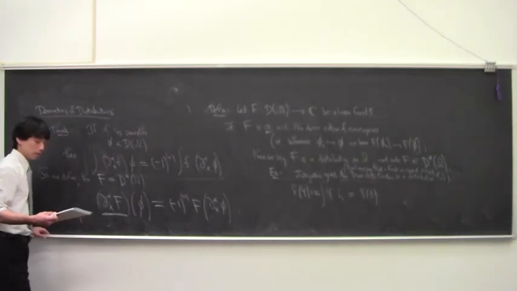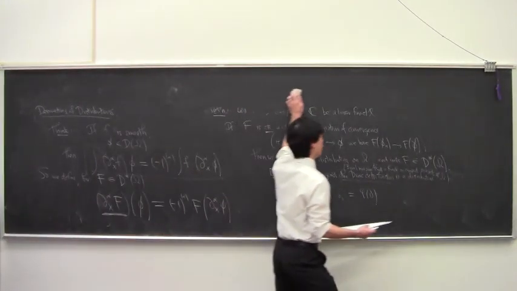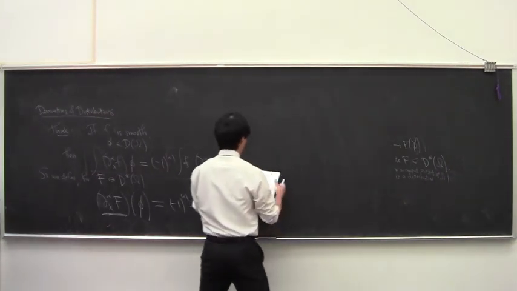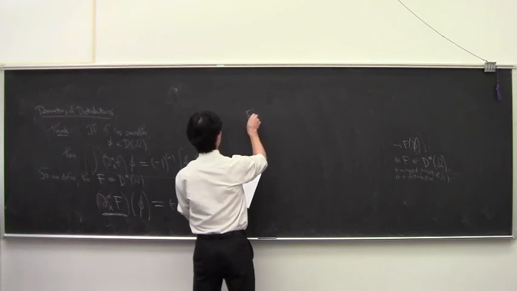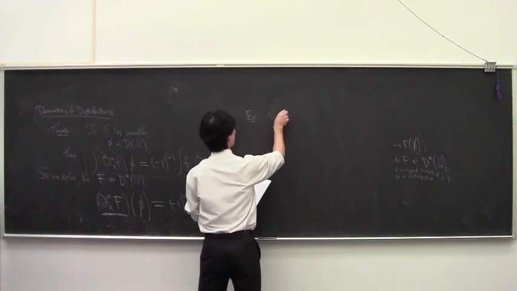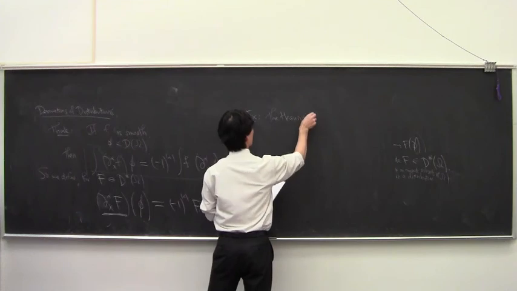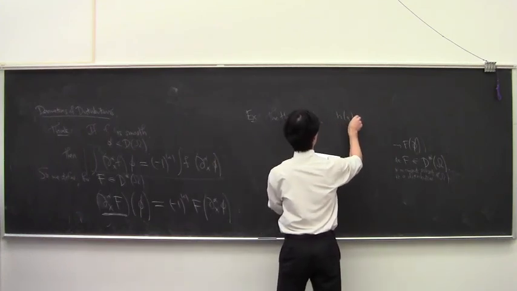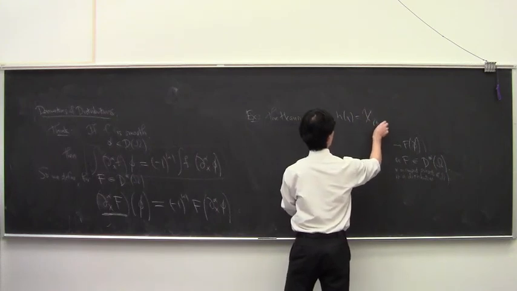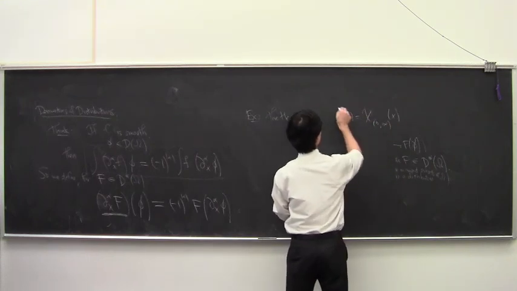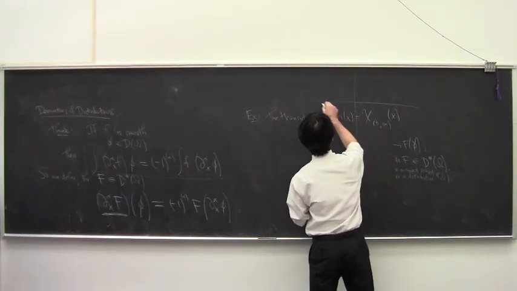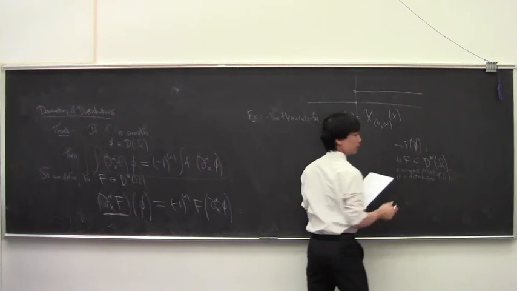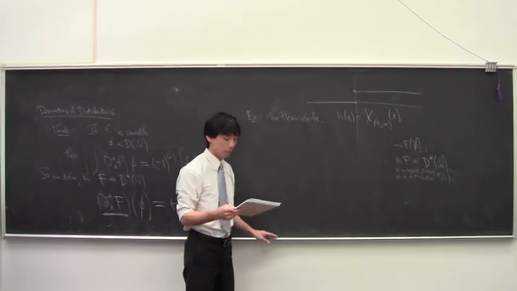Let me just do one simple example, and then I'll let you go. Take the Heaviside function, which is basically the characteristic function of 0 to infinity. It's off, then it turns on at some point.